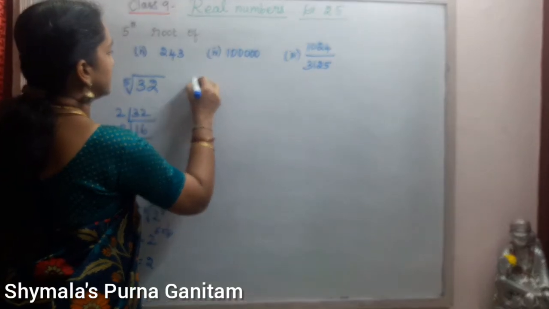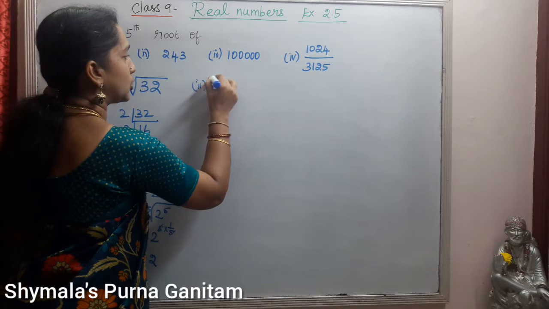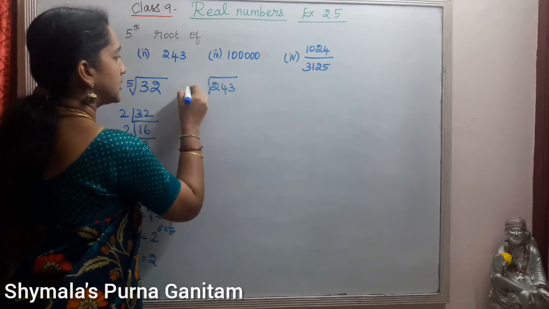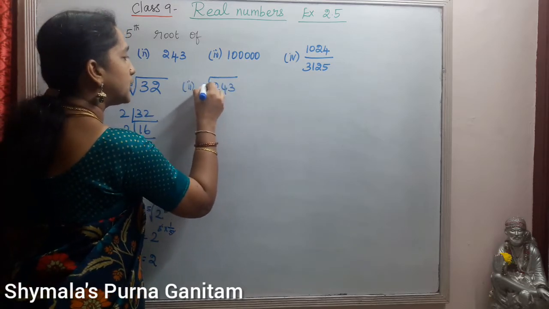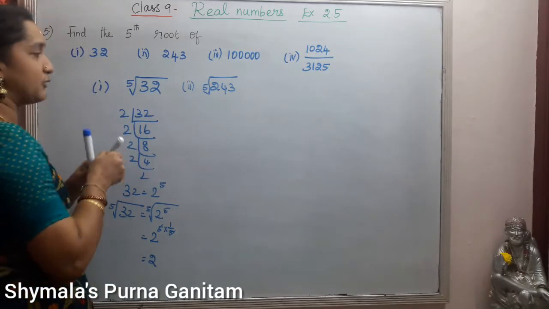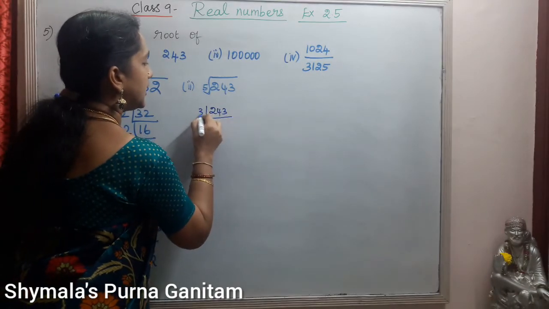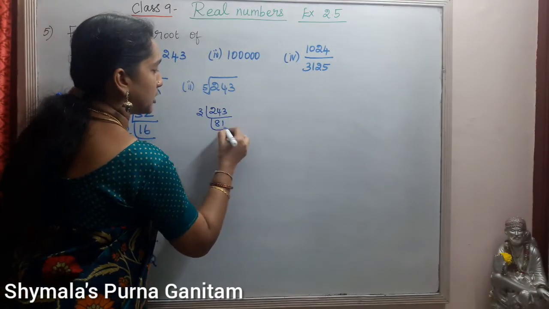Then the second sum is 243. So that is the fifth root of 243. The same way, we will find the factors. For 243, 3 8s are 24, 3 1s are 3.